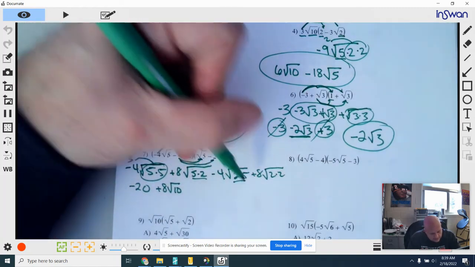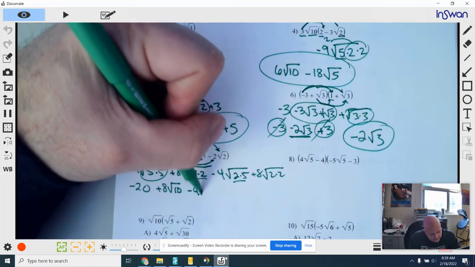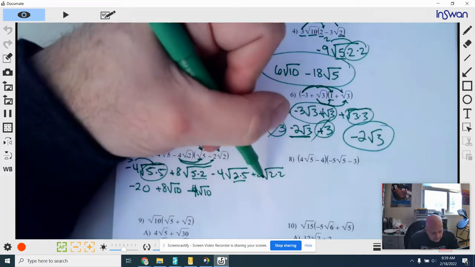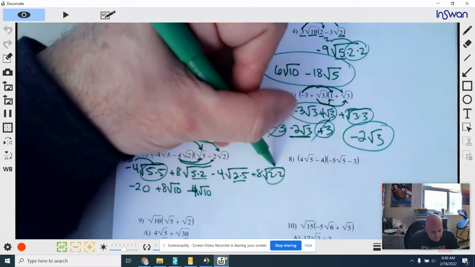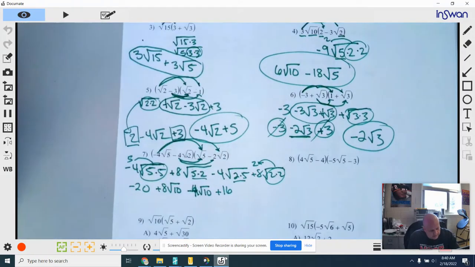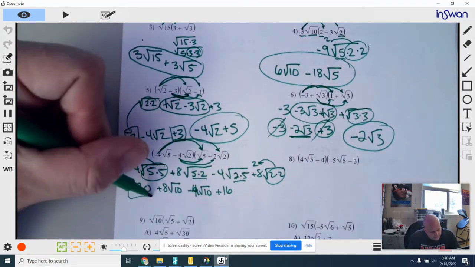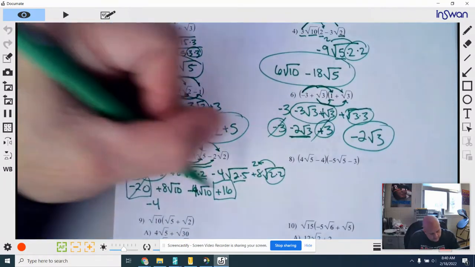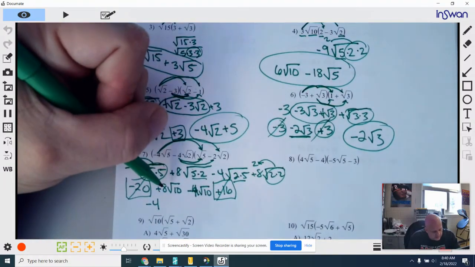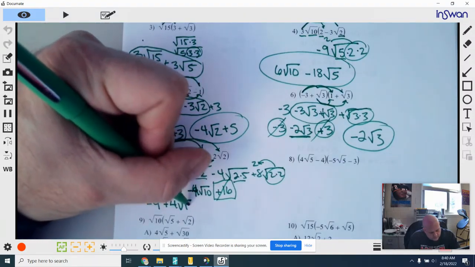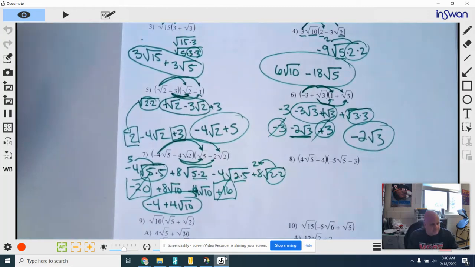Back here, again, no common factors, so that gives you negative 4 root 10. And then back here, you got a pair of 2s. Out comes one of them. So 2 times 8 gives you 16. Okay, like terms, negative 20 and 16 gives you negative 4. And then 8 root 10 minus 4 root 10 gives you a positive 4 root 10.